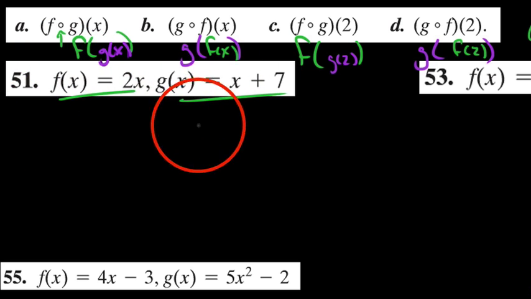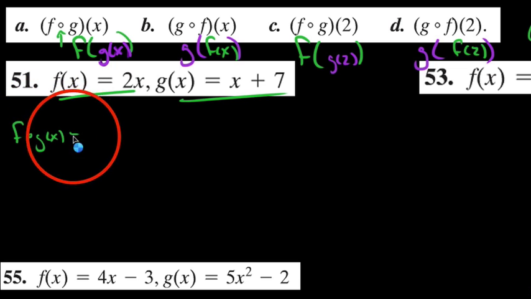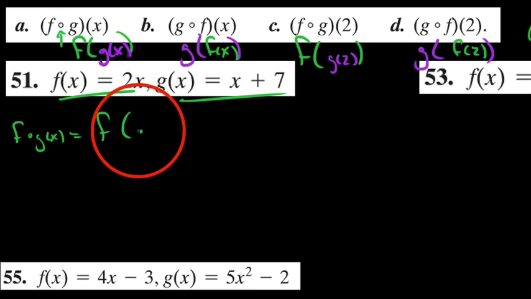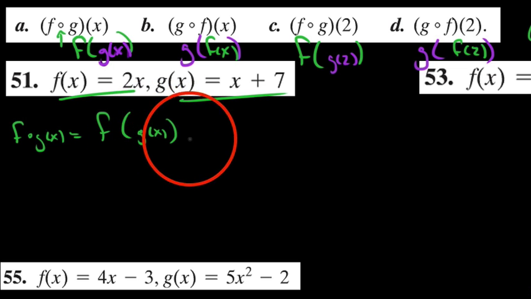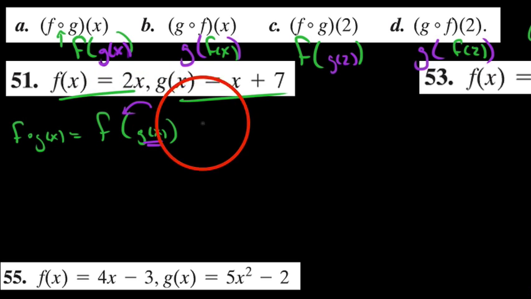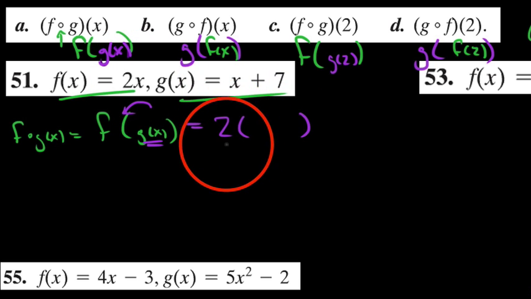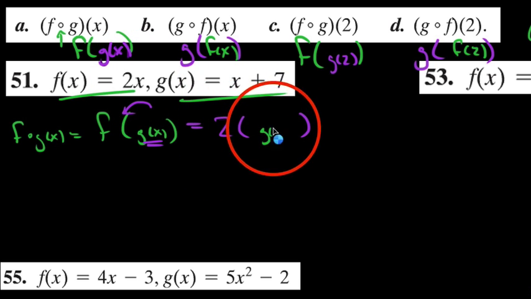We see that f of g of x, which we always rewrite first as f of g of x, is really where we plug g of x into f. Just like you would plug a number into f, the rule for f is 2 times whatever I'm plugging into it, which in this case is g of x.